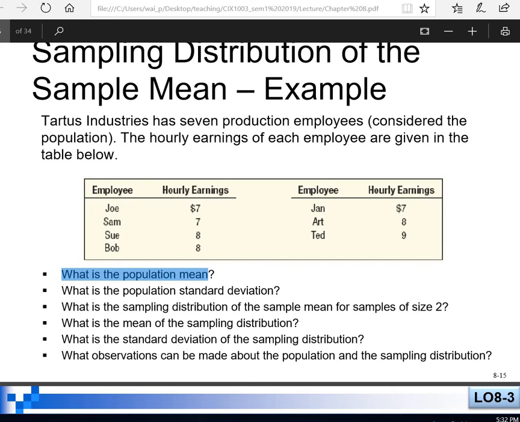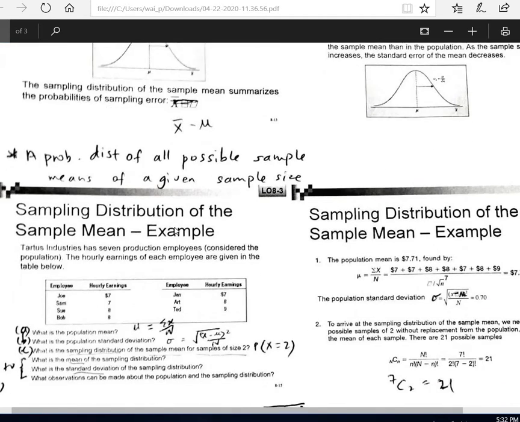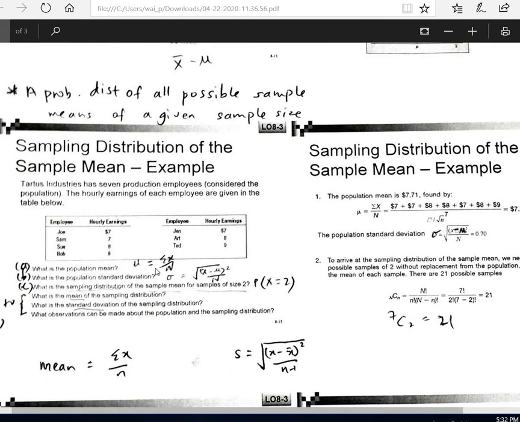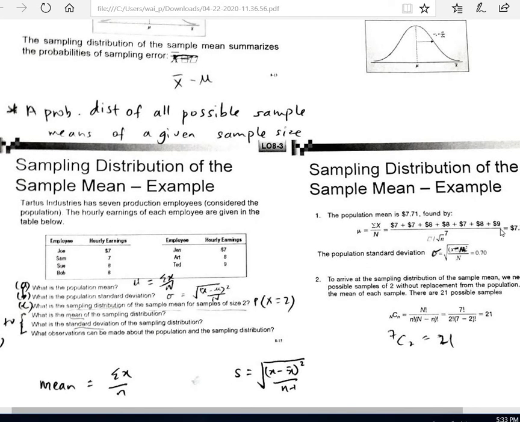To calculate the population mean, we can use mean equals summation x divided by n, which is 7 plus 7 plus 8 plus 8 plus 7 plus 8 plus 9, divided by 7. Then we will get 7.71.